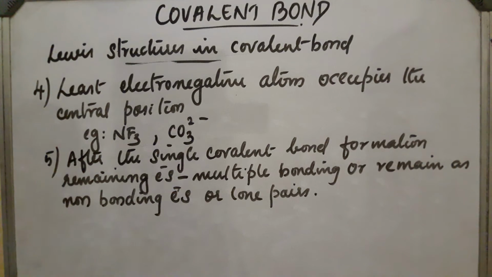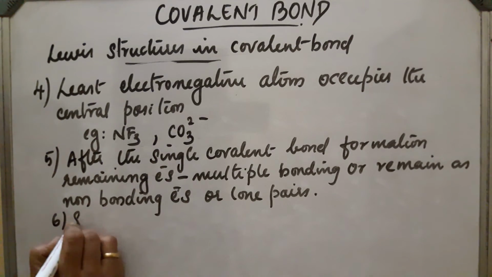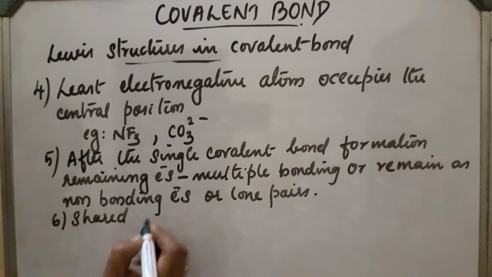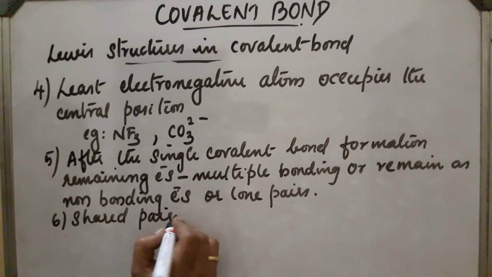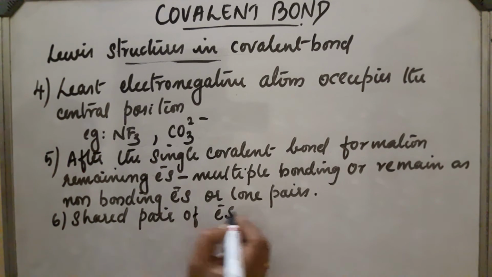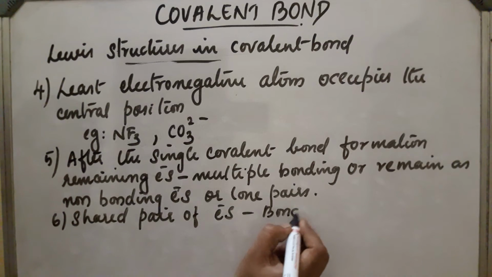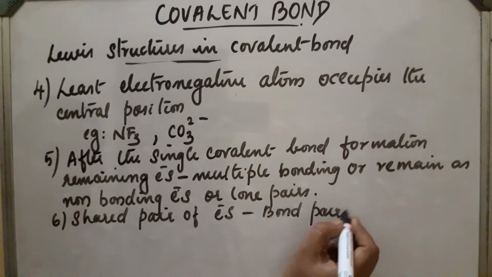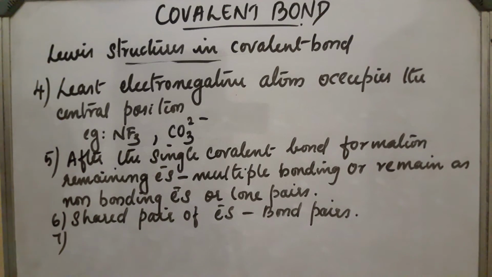Then the shared pair of electrons are responsible for the bonding and these are called bond pairs. Then what about the non-bonding?